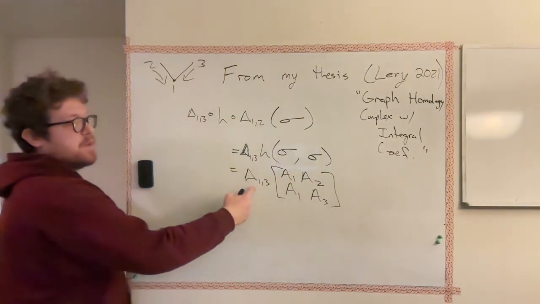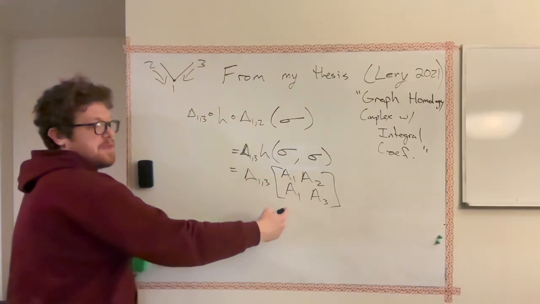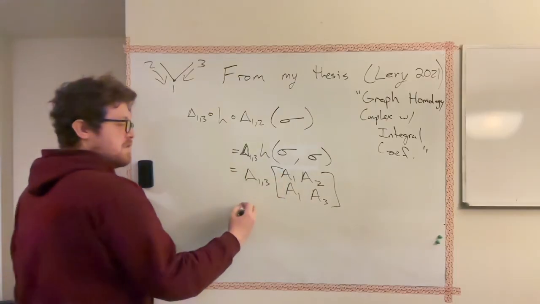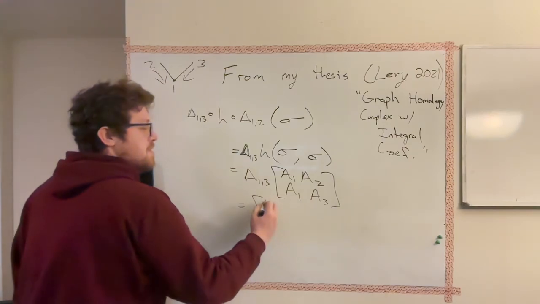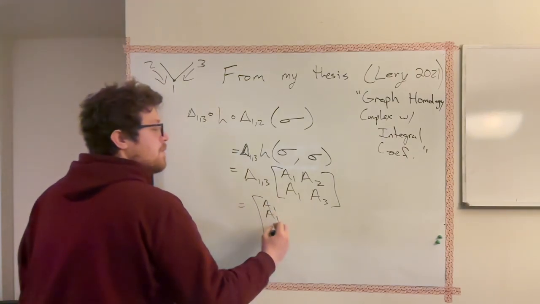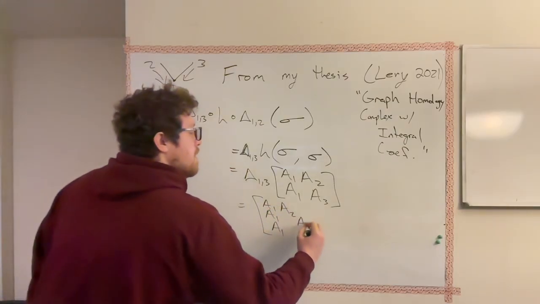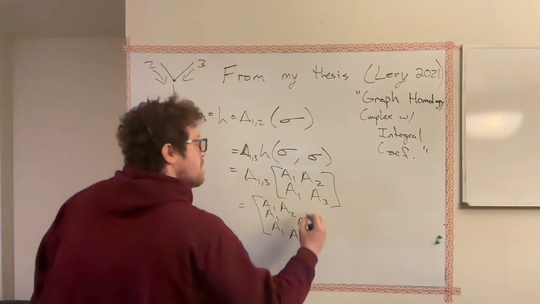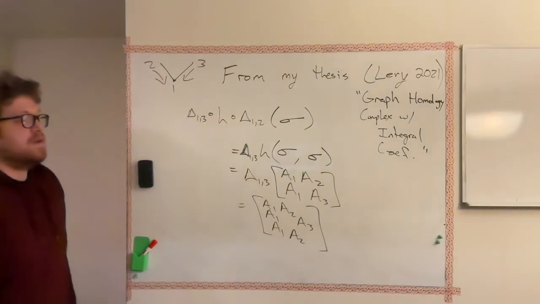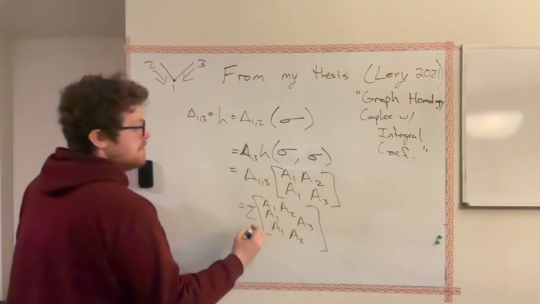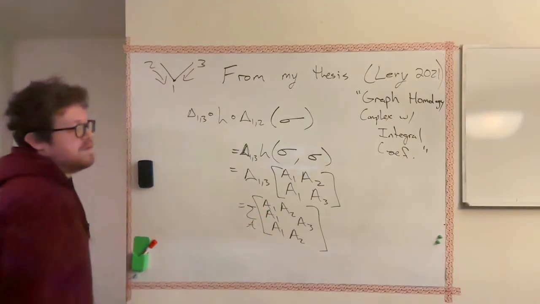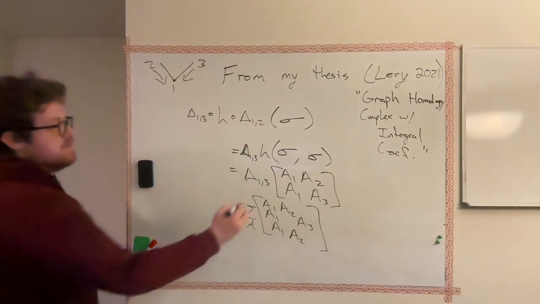If I apply delta 1, 3, that just means I copy the first row to the new third row. So this will be just a new A configuration. It'll be A1, A1, A1, A2, A3, and then A2 also, like that. And of course, remember we have a sum here.